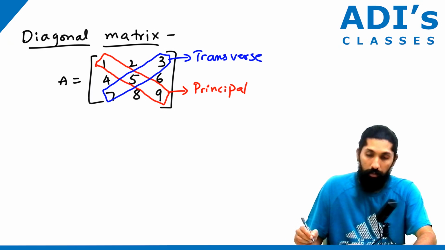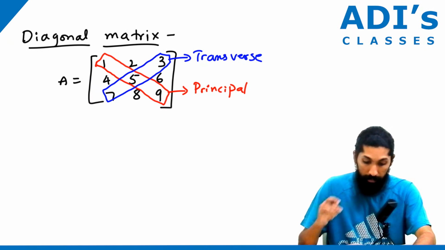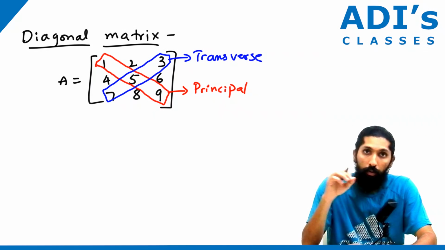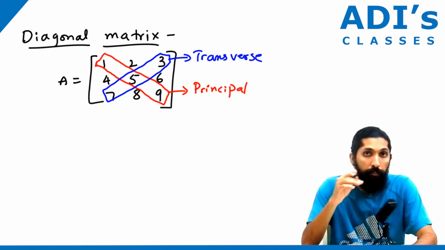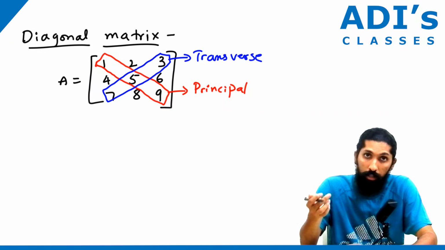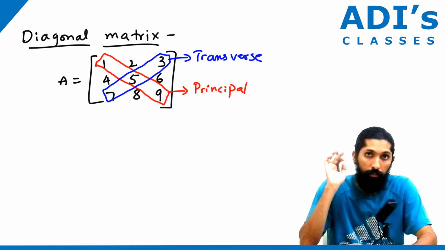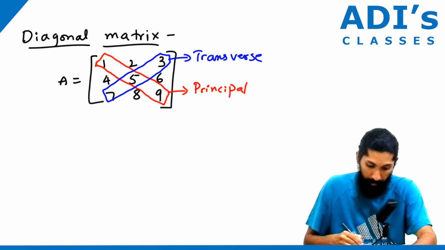All right. Principal diagonal. Now, diagonal matrix. A diagonal matrix is a square matrix where the principal diagonal elements are non-zero and unequal, but the rest of the elements are zero. In the sense, well, I'll give you an example.